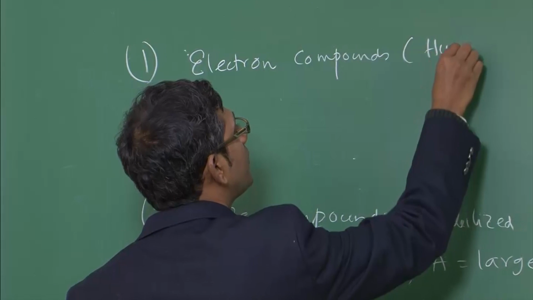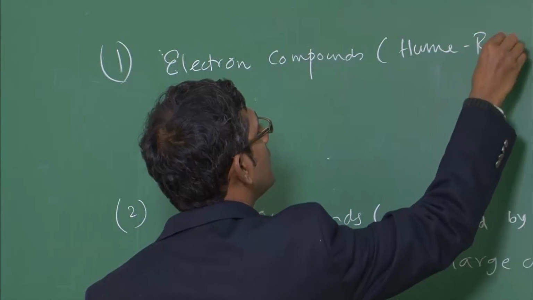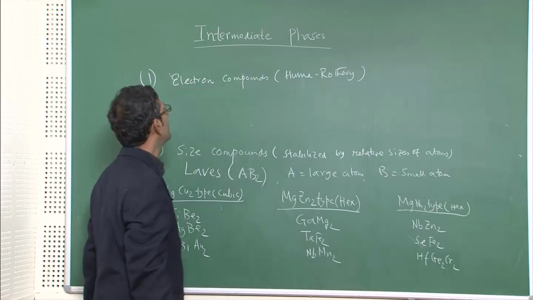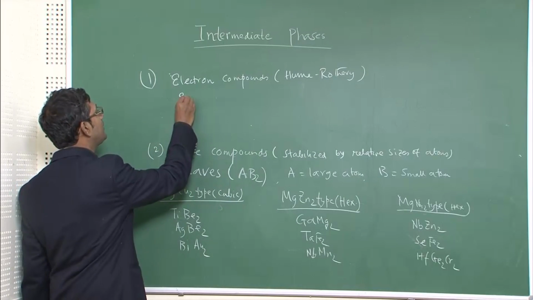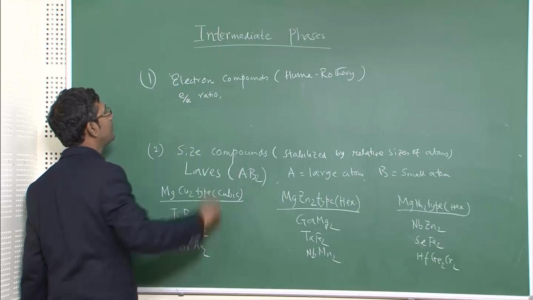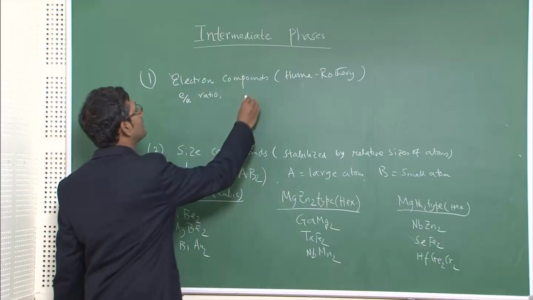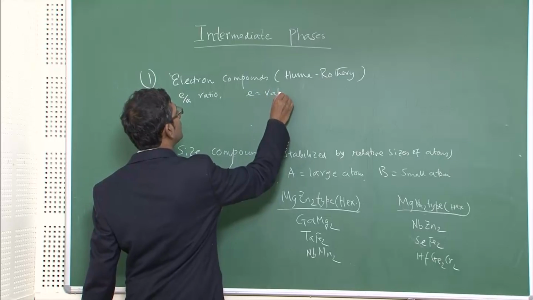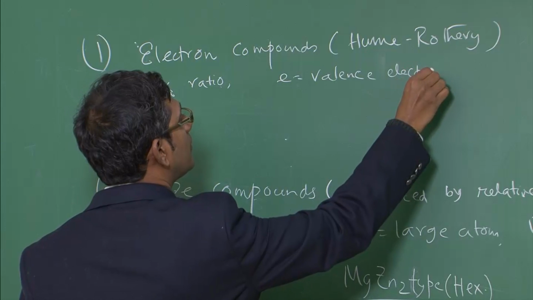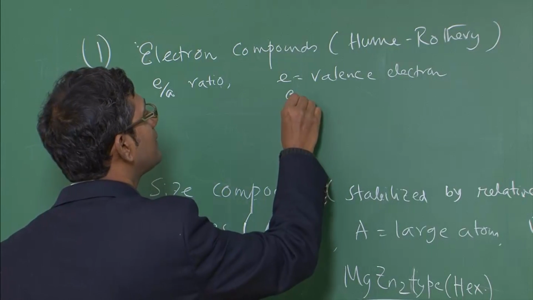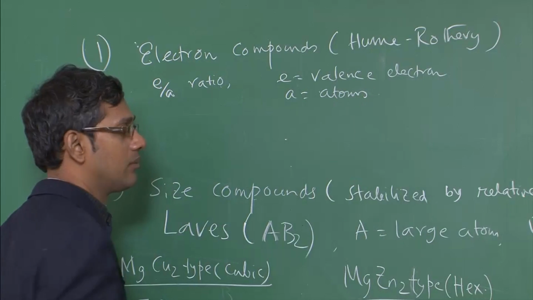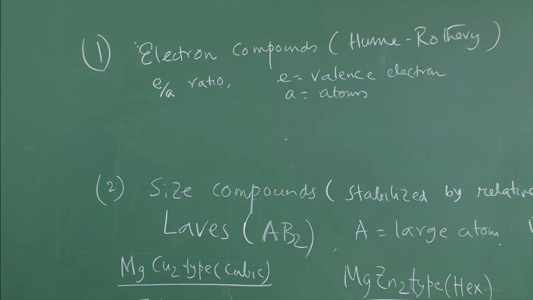Hume-Rothery was the person who discovered them, and they are stabilized by the E by A ratio. What is the E by A ratio? E is the number of valence electrons, and A is the number of atoms in the molecule. That is the factor which stabilizes.